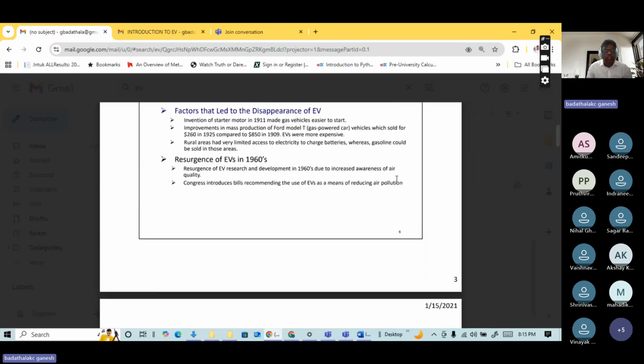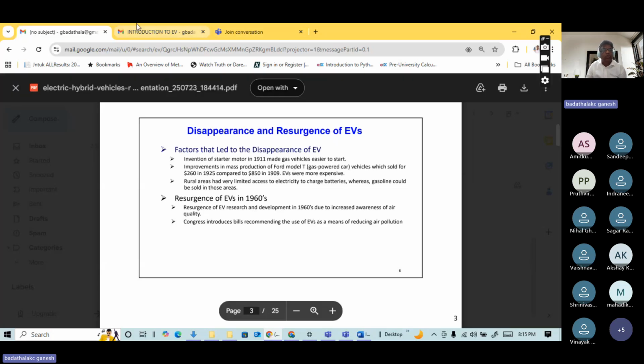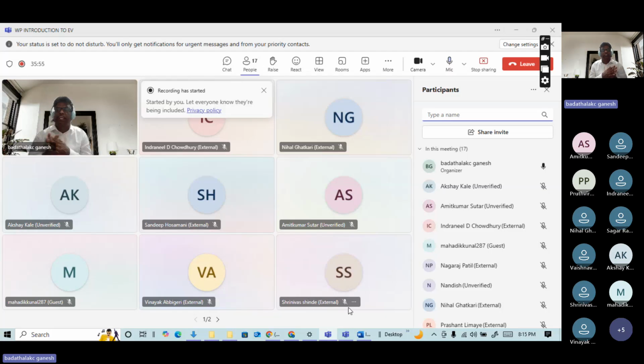But finally, what happened? At some point of time, the invention of the starter motor in 1911 made gas vehicles easier to start. Initially there was this EV revolution coming up, but at some point of time they suddenly vanished because new inventions came into the gasoline vehicle.